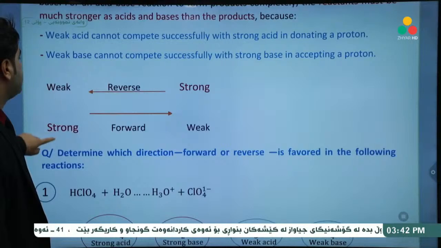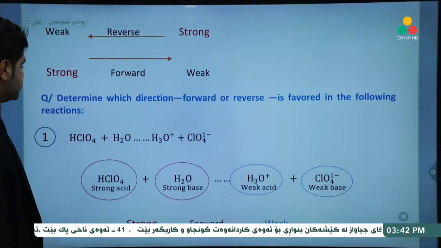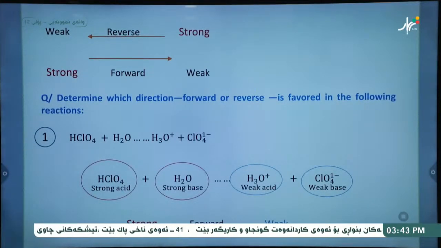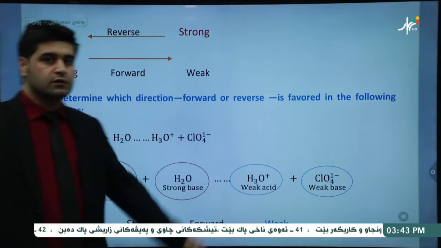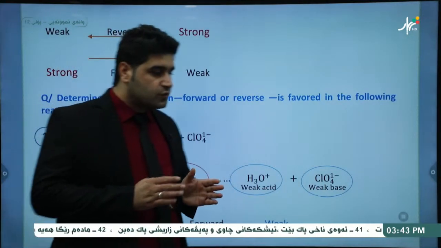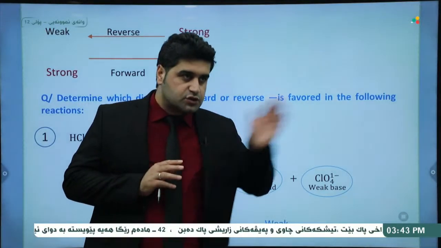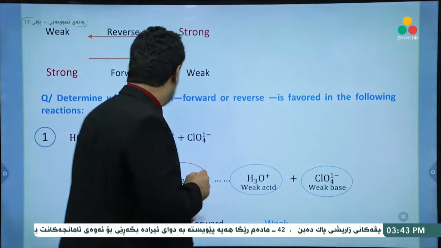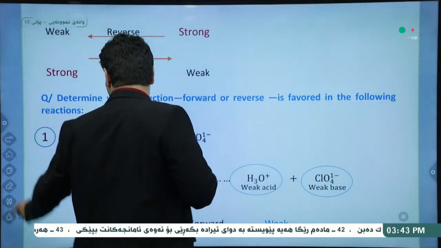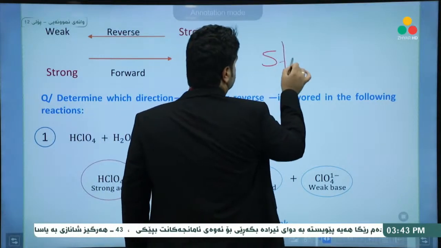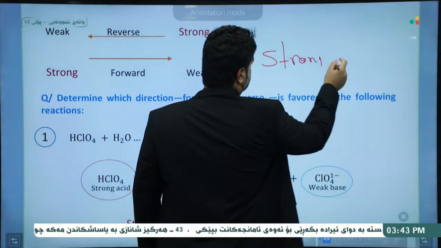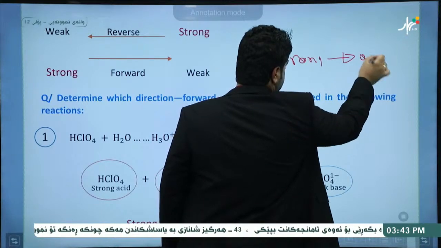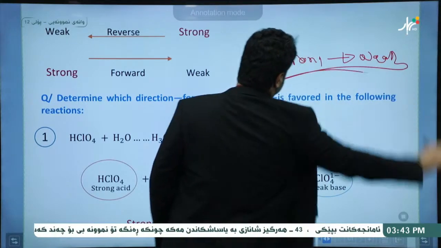Now, let's detect the direction in proton transfer reactions. Actually, we have one rule. The direction will always be from the strong to the weak.